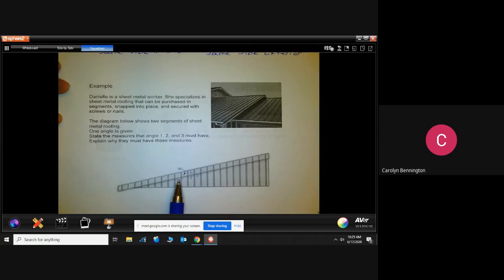Okay, so our first angle that's given to us is here, 76 degrees. And then we have angles 1, 2, and 3 that are over here. So now what we want to look at is two lines and a transversal.